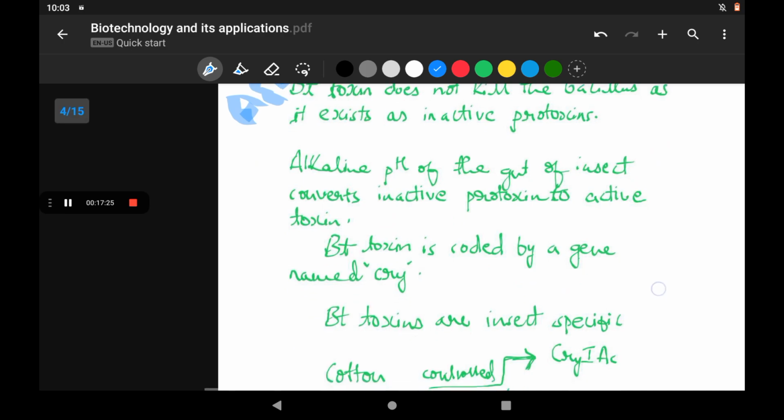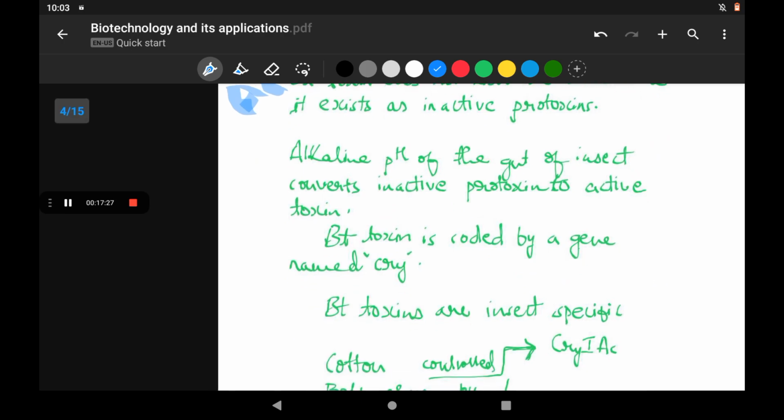The alkaline pH of the gut of the insect converts inactive protoxin to active toxin. So this is happening within the insect. In the insect, we are not using the term stomach and other things. Even though I was reading in one of the NEET books where they have used the word stomach, it is not appropriate to use it. We should be using the terms like foregut, midgut, hindgut.